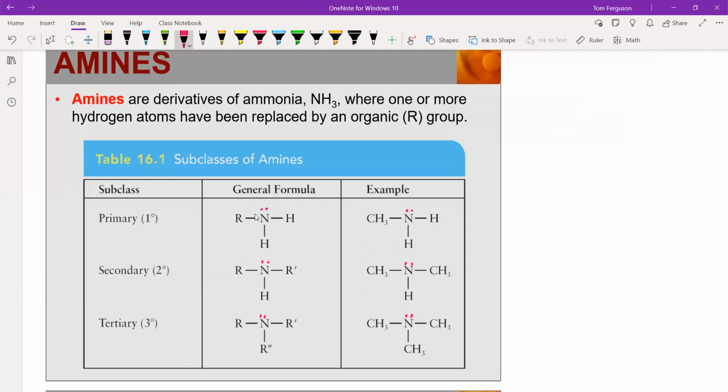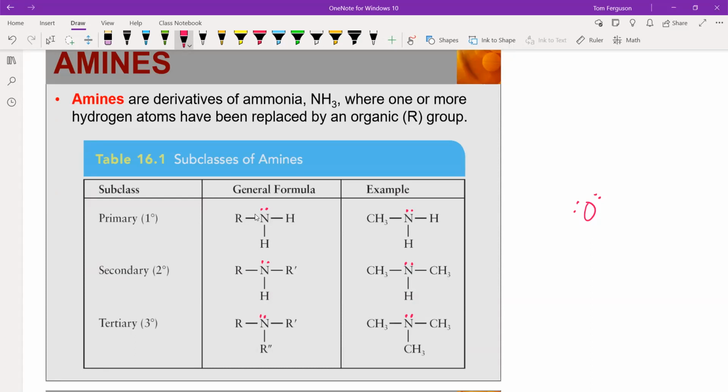Now, one of the things about an amine, it's based on nitrogen. Nitrogen has a single unbonded pair of electrons, just as oxygen has two. And that forms a lot of the chemistry.